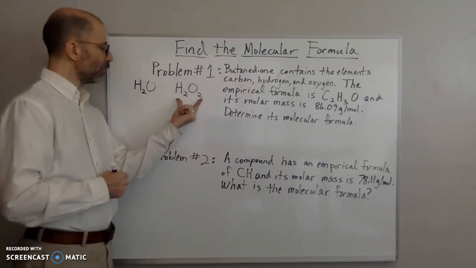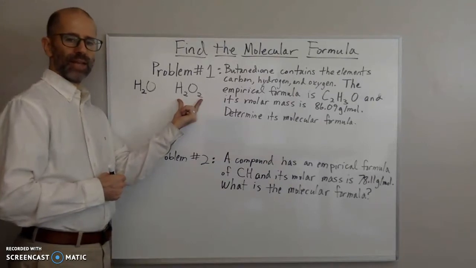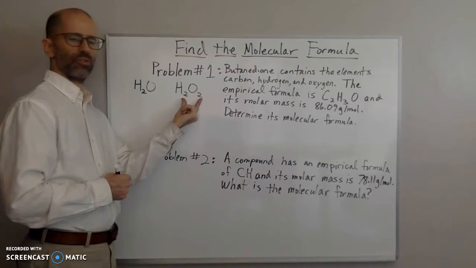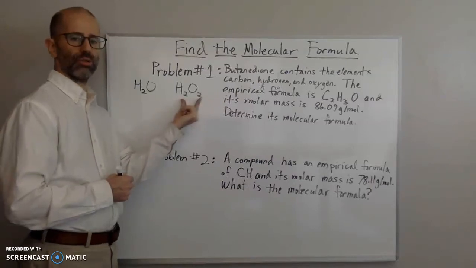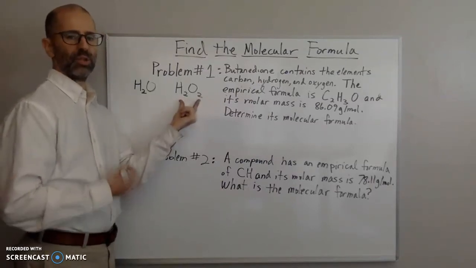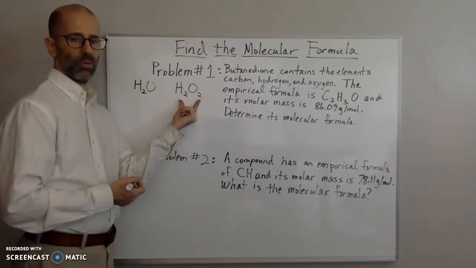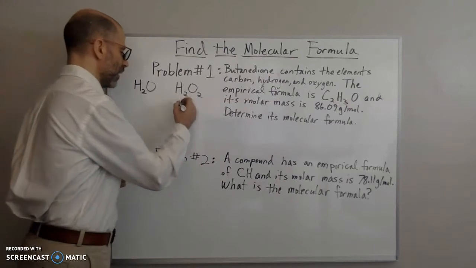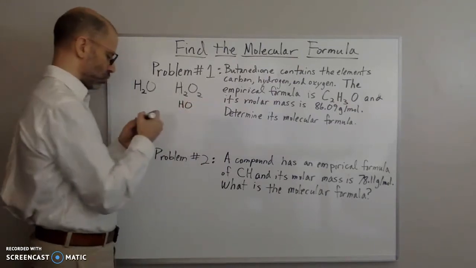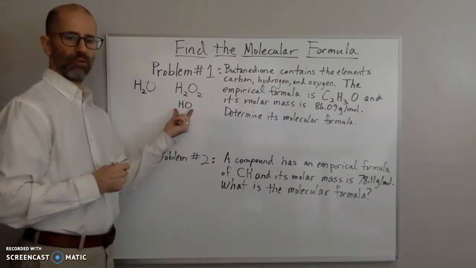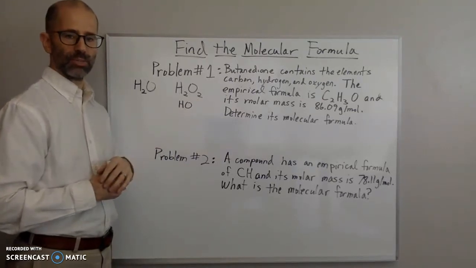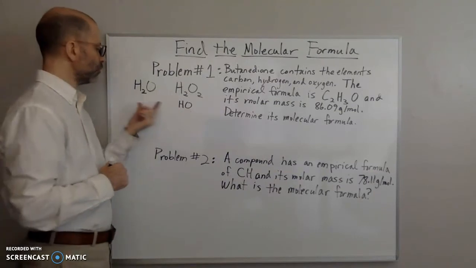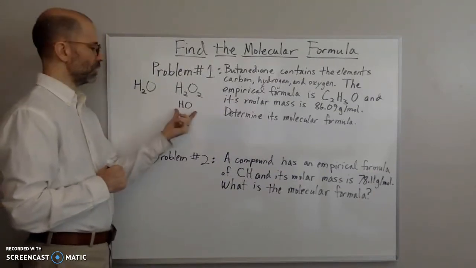The empirical formula for hydrogen peroxide, however, is different because you can see that there's a 2 to 2 ratio there. That's not the simplest ratio, so you can simplify that a little more. So 2 to 2 is the same ratio as 1 to 1, and so HO would be the empirical formula for hydrogen peroxide.